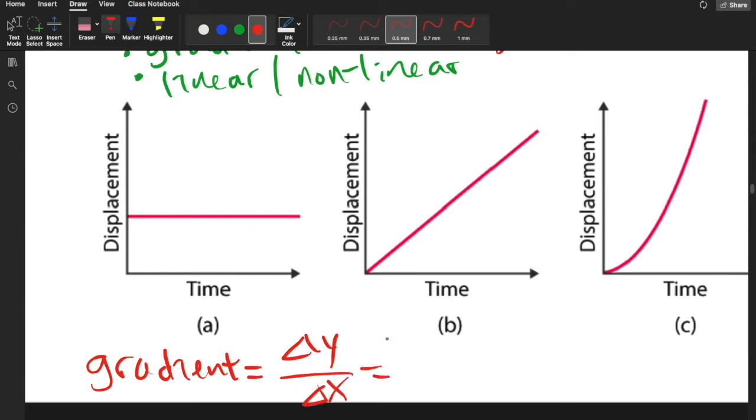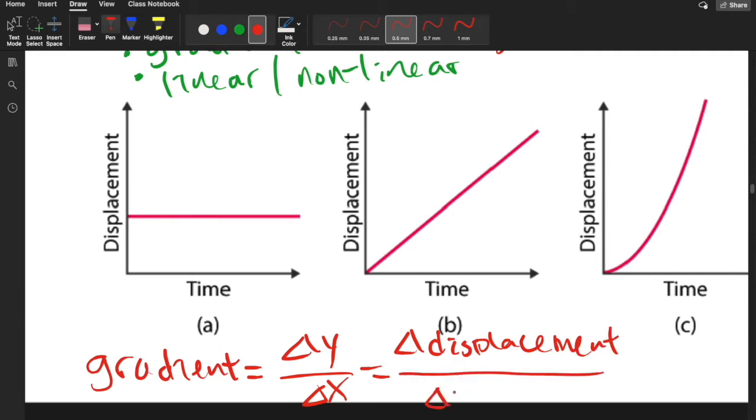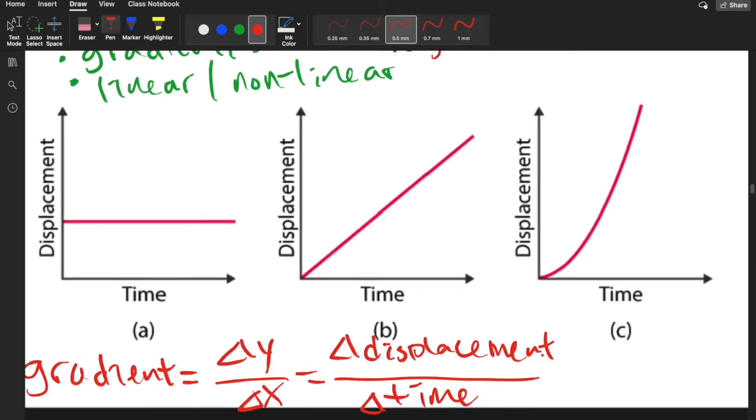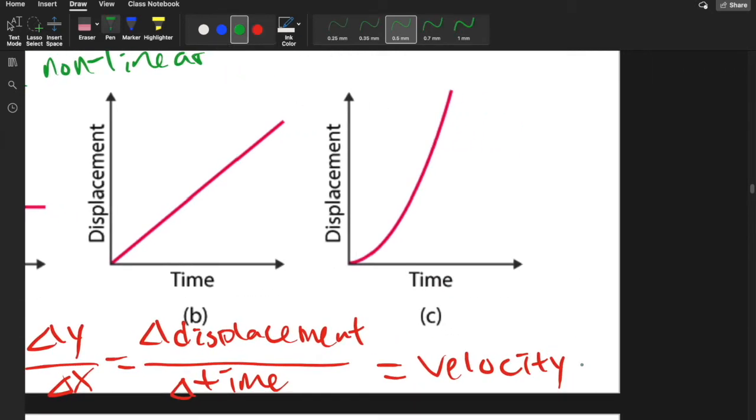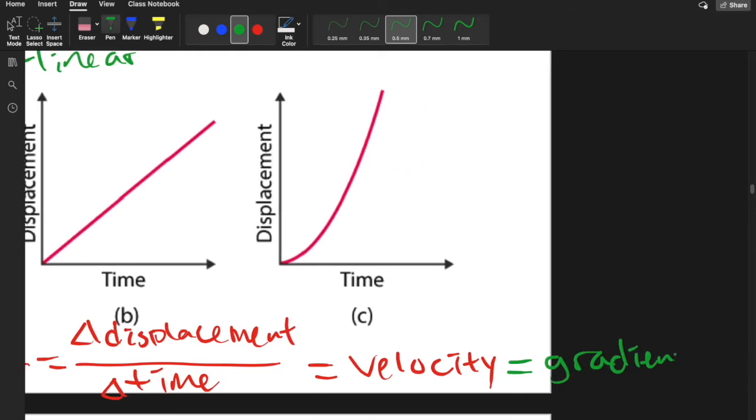In this case, it is equal to change in displacement over change in time, and we know that change in displacement over change in time is equal to velocity. So velocity is represented by the gradient of displacement versus time. This is one of the important things we need to know.